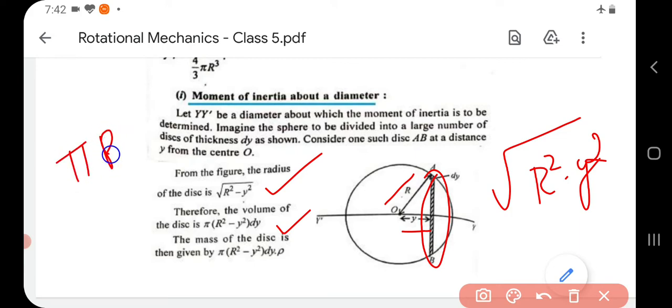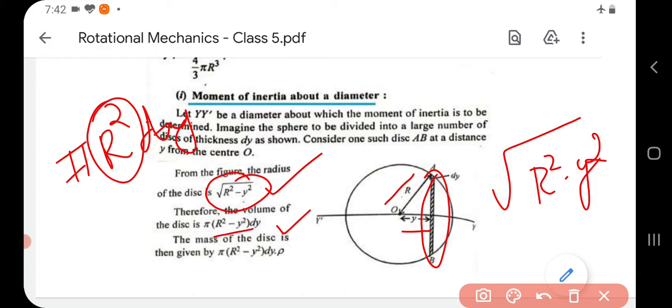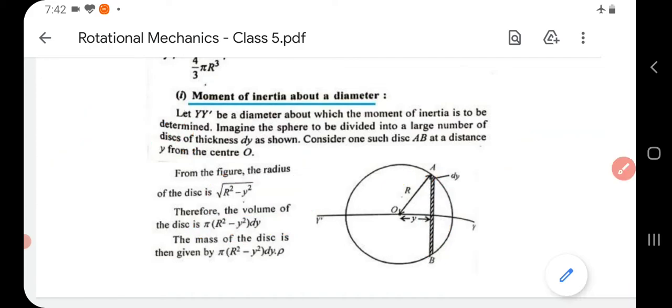Area into thickness. Thickness is dy, right? So pi dy. Here what is the radius? You take the square, so it will be r square minus y square, and pi dy. Okay, so area into thickness, that will be the volume.